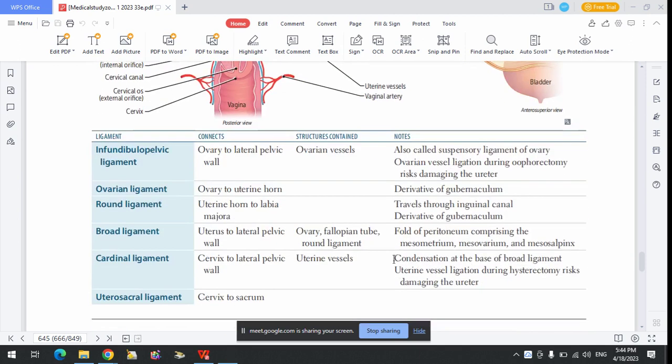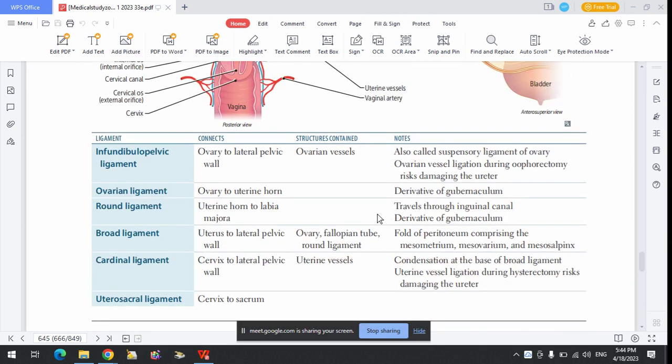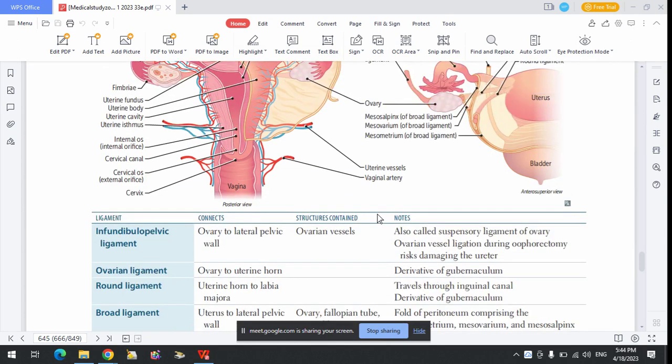If someone is undergoing hysterectomy and you want to clamp the uterine vessels, you know that the uterine vessels enter at the level of the cervix here. The ligament that is here is called the cardinal ligament, which runs from the lateral wall of the cervix to the lateral pelvic wall, and it contains the uterine vessel.